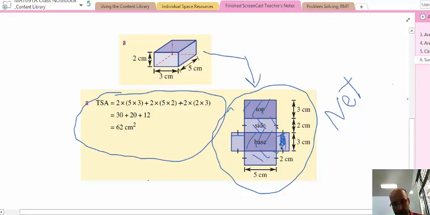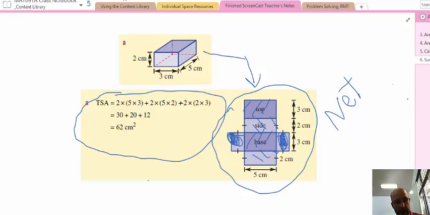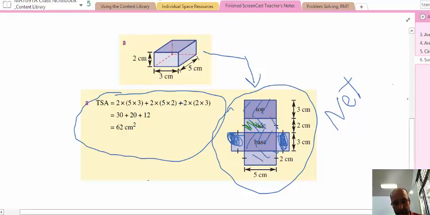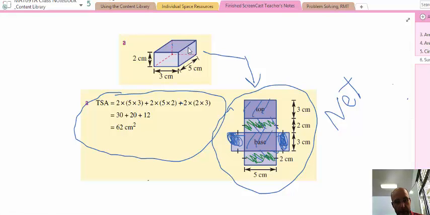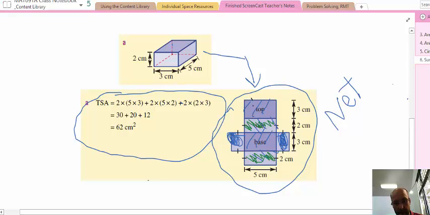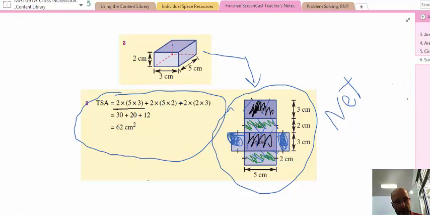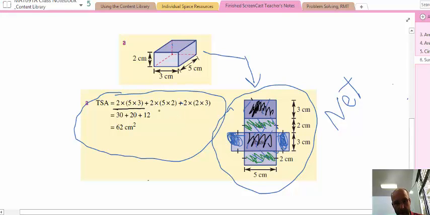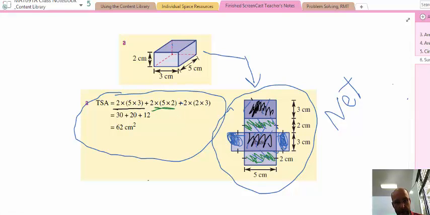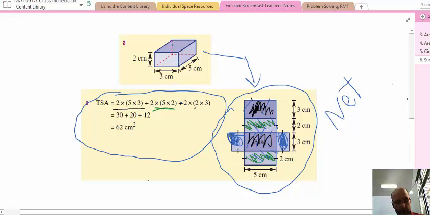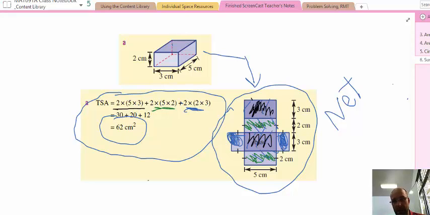So the 2 by 3s are there, the 2 by 5s are here in green, and in black are the 2 lots of 5 by 3 there. We have 2 lots of 5 by 2 there, and in the blue 2 lots of 2 by 3. We add that together. Notice how the units are squared units.